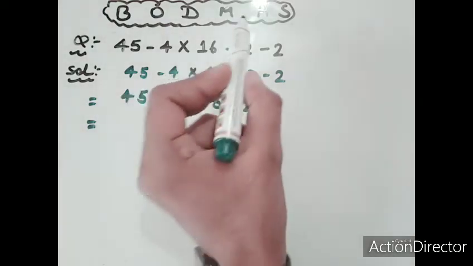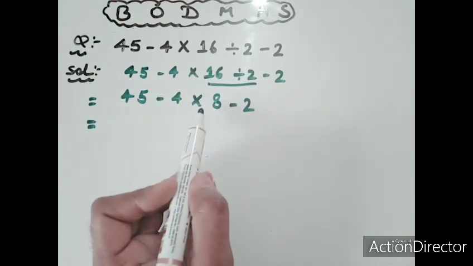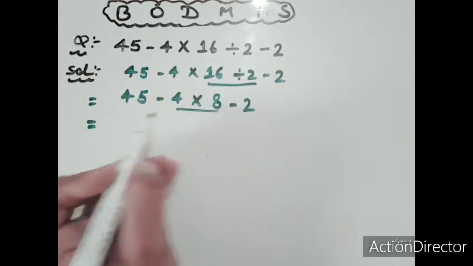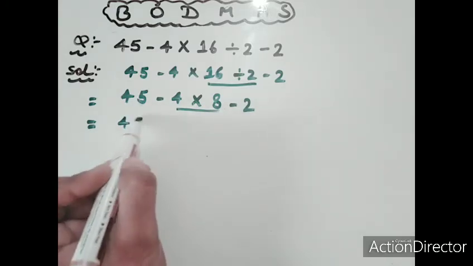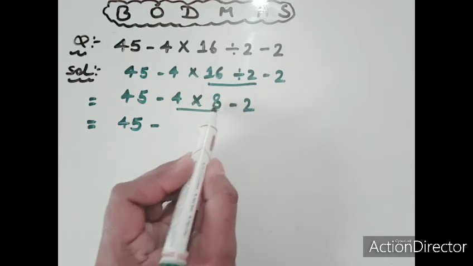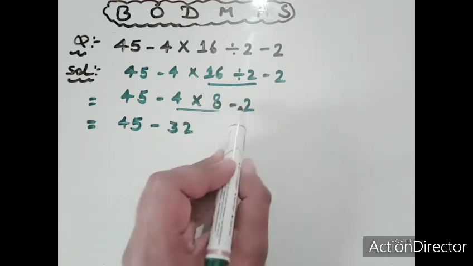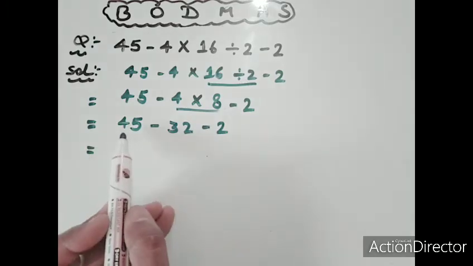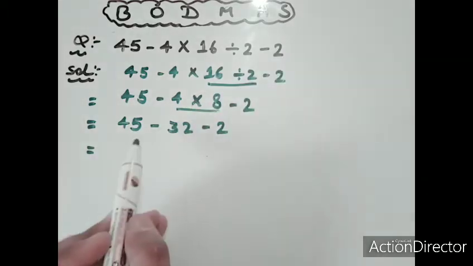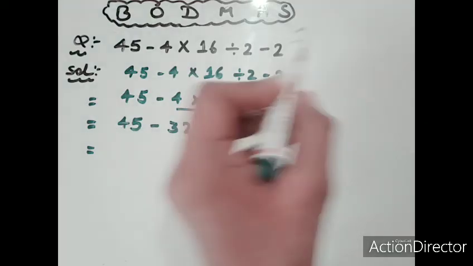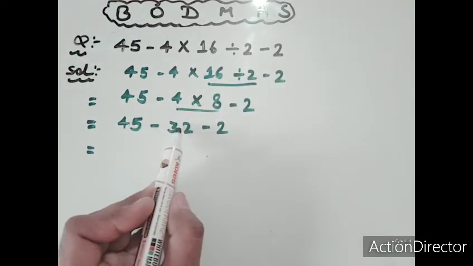So now we solve multiplication. After division, we solve multiplication, this part of the question. Now we write 45 as it is, then the minus symbol as it is, and 4 8s are 32. Then we write minus 2 as it is. After that, students, we solve addition. There is only one number which has a positive symbol here. So now we solve subtraction. 45 minus 32.